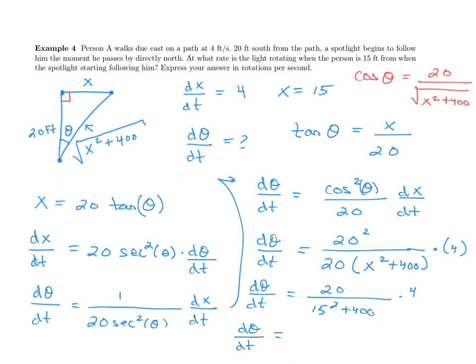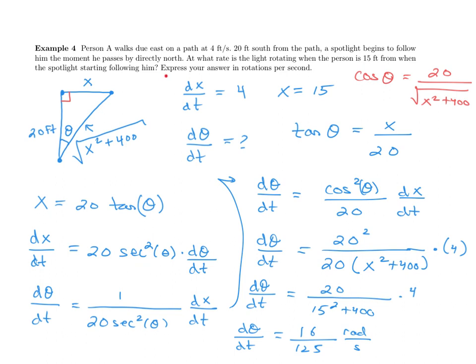And 80 divided by 625, if we write that in a simplified fraction, that's 16 over 125. Now, what are the units on this? When you use trig functions, this is radians per second. So I'll put radians per second.